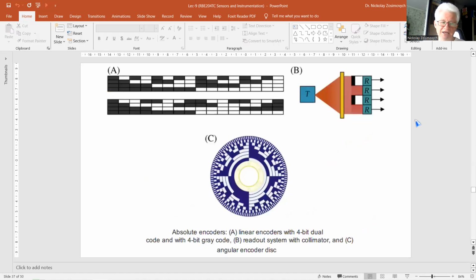The coding device can move relative to the assembly of transmitter and receiver, causing the radiation transfer between them to switch between a high and low value.